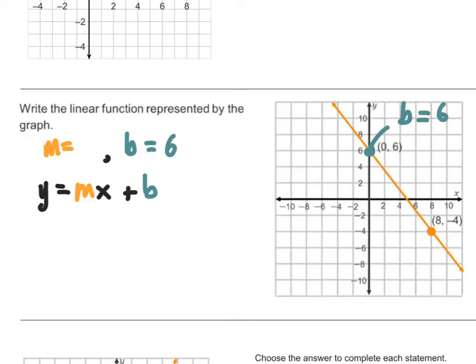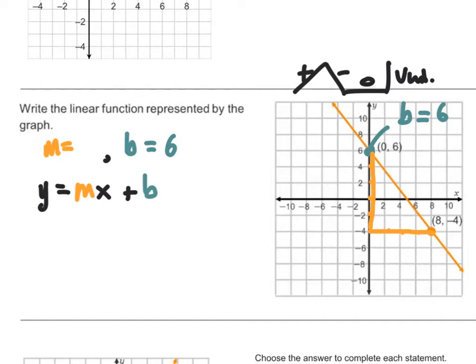Then I have to figure out what my slope is. We either have a positive slope, a negative slope, a zero slope, or an undefined slope. Because it's going in this direction, it's going to be negative. I'm going to use my 2 points and draw a triangle to connect point to point.